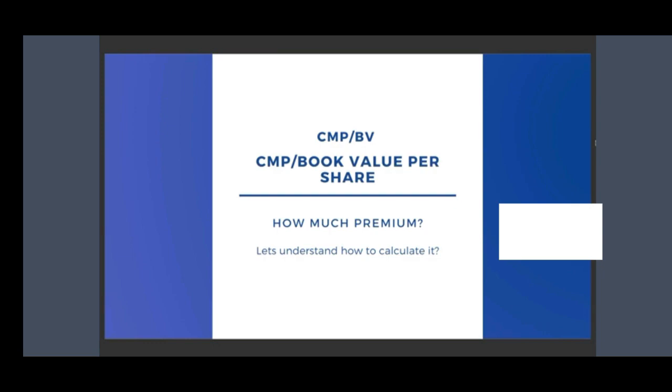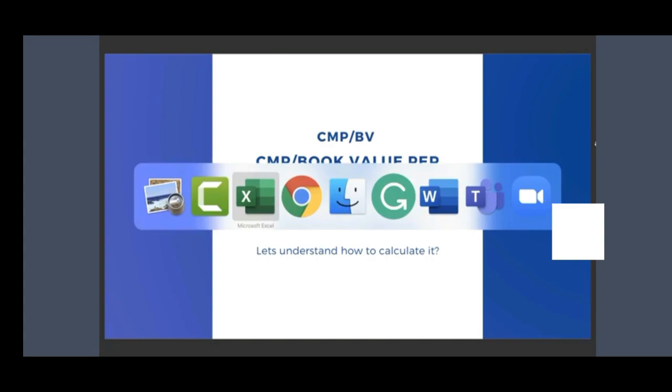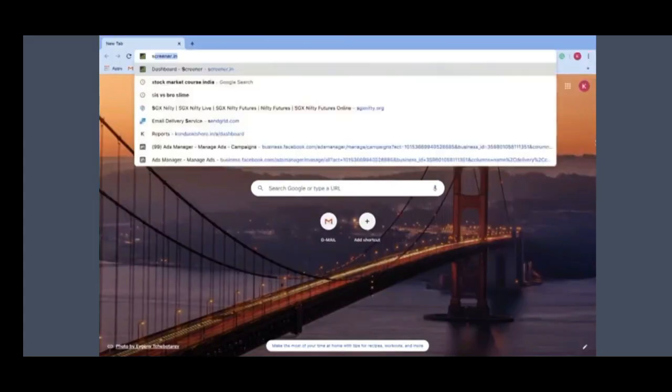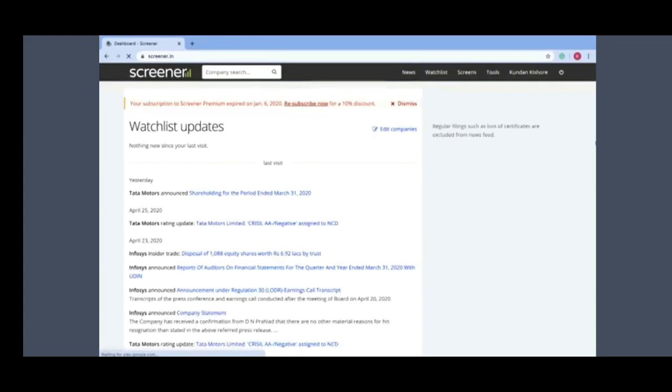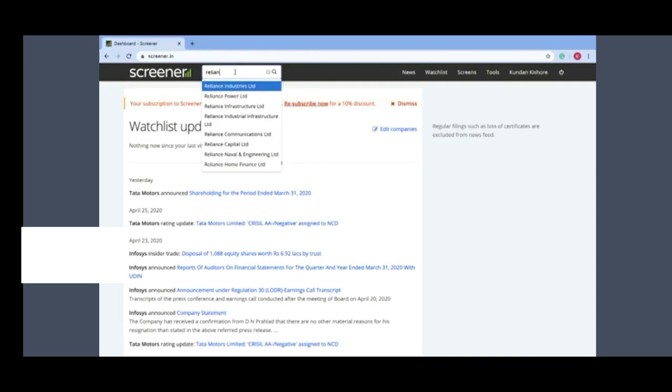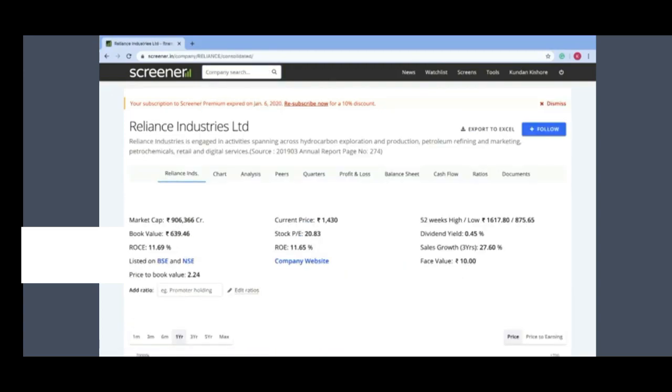So let's jump to Screener and try to calculate a few things the way we did in EPS and PE ratio. So let's say this time we want to do it for a company, Reliance Industries. First of all, we already have book value displayed for Reliance Industries, right? And the current market price is already there.